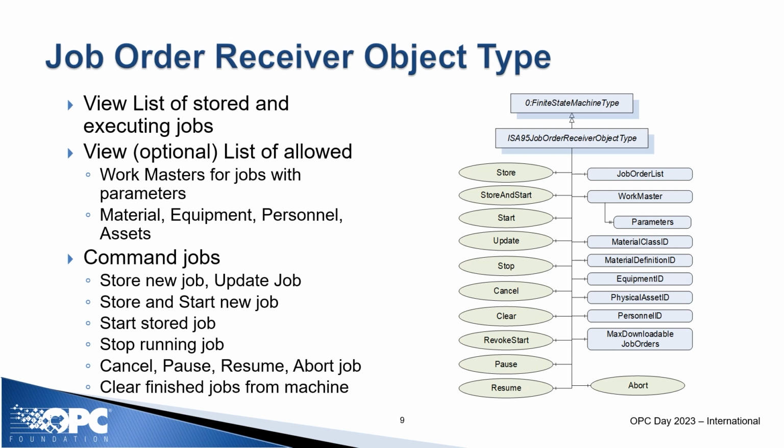Because the last thing you want to do is send a job order to a machine and it doesn't understand it. So the idea of the systems that we have over here, the class ID and the definition ID, equipment ID, are so that the client can confirm, hey, yes, this machine can accept these jobs and has the right information on it. So this is the job order receiver type that we have defined.